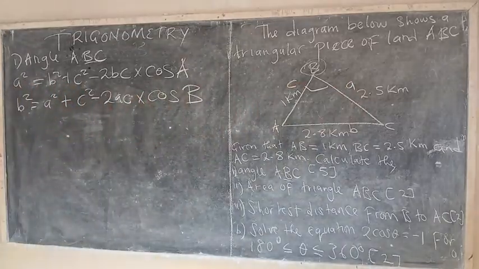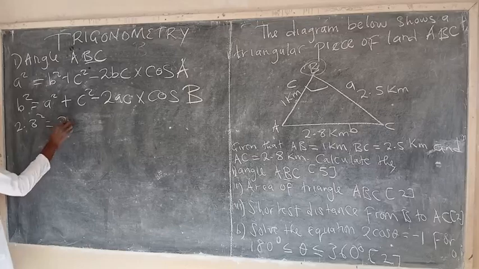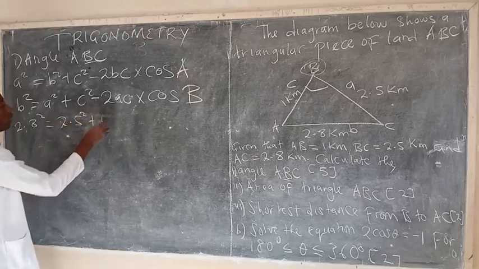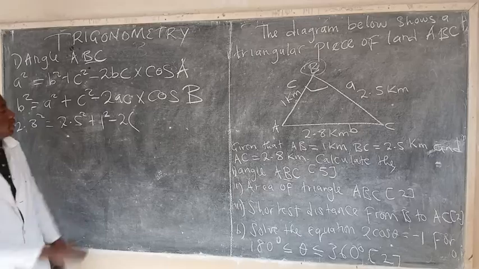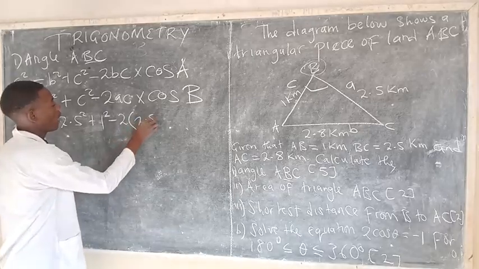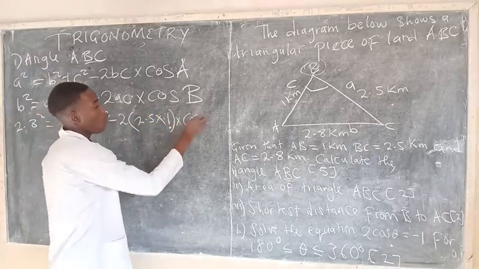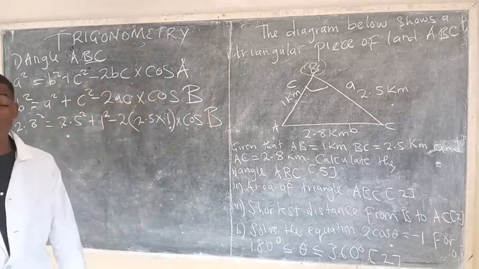Upon doing that, we say our b squared, which is 2.8 squared, should be equal to our a squared, which is 2.5 squared, plus our c squared, which is 1 squared, minus 2 times a, which is 2.5, times c, which is 1, by the cos of the angle at B, which is the one that we are looking for.